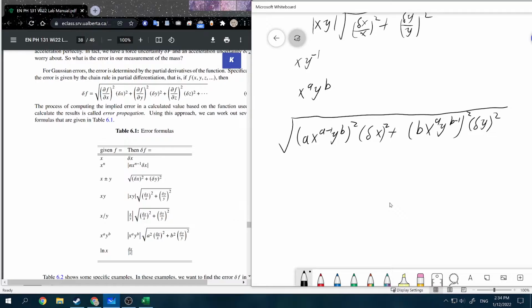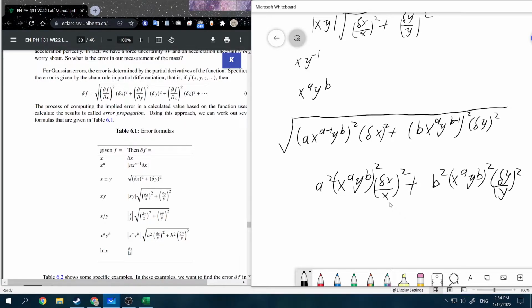Then if you just do the trick, it's just a squared x to the power a y to the power b, δx divided by x bracket squared, and this thing is also bracket squared, right? Plus b squared x to the power a y to the power b bracket squared, δy divided by y, because I multiplied this by y, I have divided it by y so that it is fair.